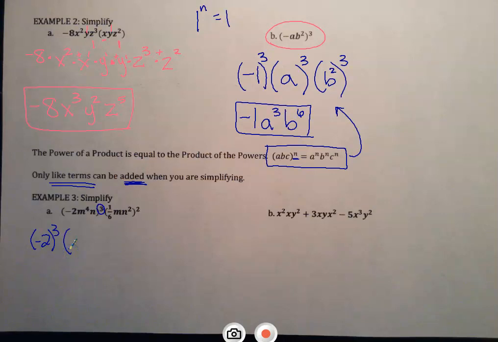Then we're going to distribute the 3 to the n. We're not at the n yet. Oh, the m. Sorry. And that's going to be a 12. We're going to show the work, so it's not 12 yet. We're going to take m, parentheses, no, it's m to the 4th.